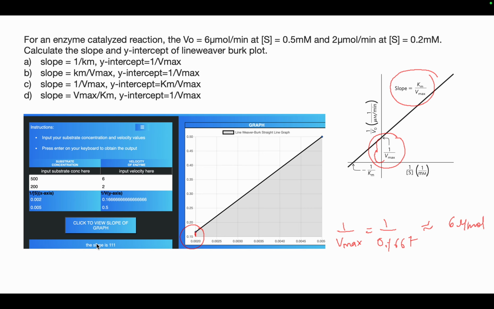Similarly the slope will give us Km by Vmax, and the slope is 0.11. So the correct answer is the slope will be Km by Vmax and the y-intercept will be 1 by Vmax.